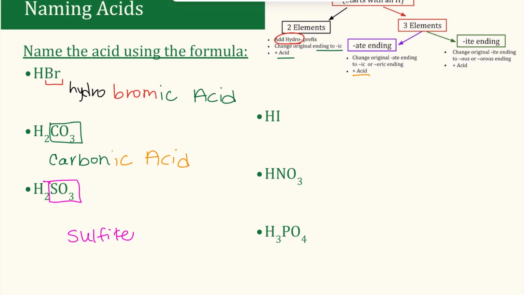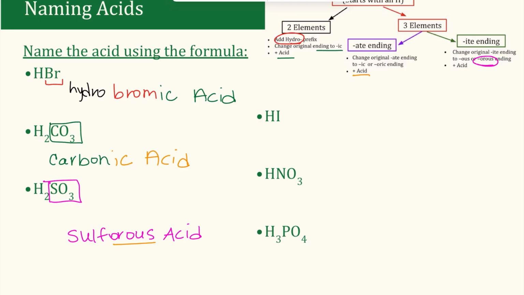This is one where, because sulfur normally ends in an R, you would use that OR, so sulfurous acid. Really it's because sulfur ends in an R, and so that sounds a little bit better. If you said sulfurous acid, I would count that.